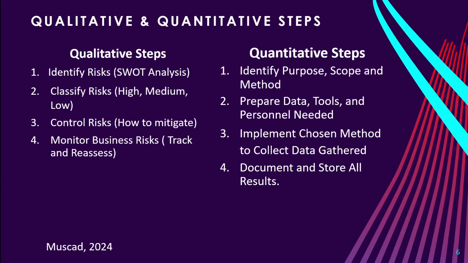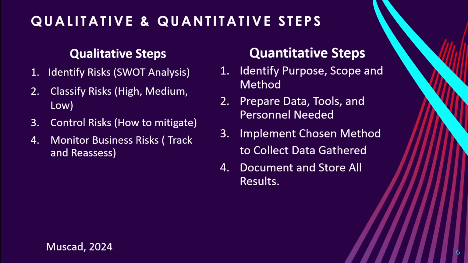Qualitative analysis uses expert judgment, discussions, and risk assessment tools to gauge the severity and likelihood of risks and their potential impact. Quantitative, on the other hand, uses historical data to produce precise numeric valuations of risks. This method is more time-consuming due to the highly data-driven process, and is objective and numeric.